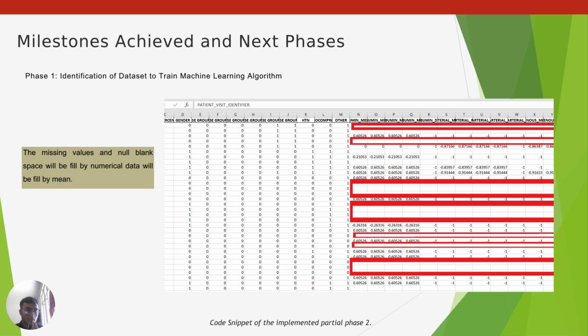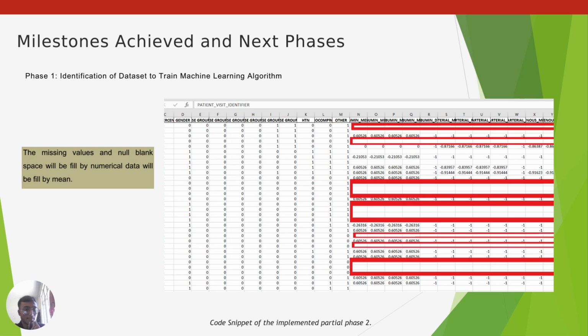In this first phase, I'm going to show you a picture of the original dataset from Kaggle. As you can see, inside the data there are null values, blank spaces, which are very hard for machine learning to train on.